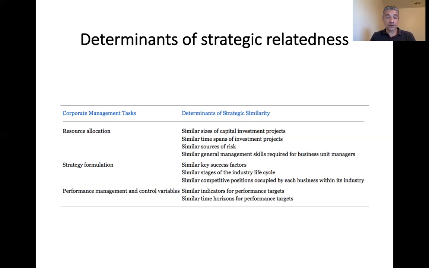And obviously where similar general management skills would be required for business unit managers. So you can share your human resources, you can send people around, you can benefit from the expertise embedded in your employees directly. It also helps if the industry you go into has similar key success factors so that you already know how to leverage them.